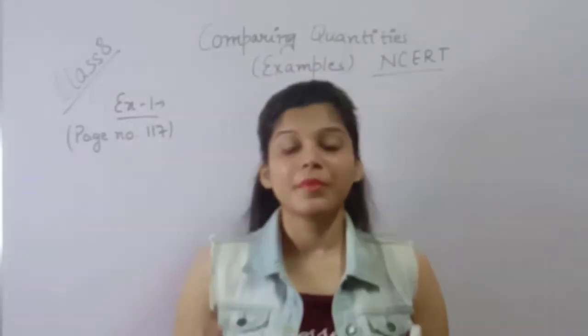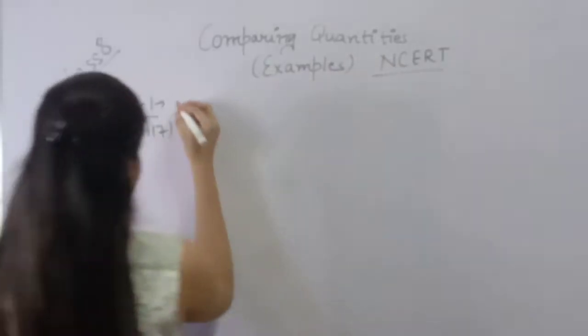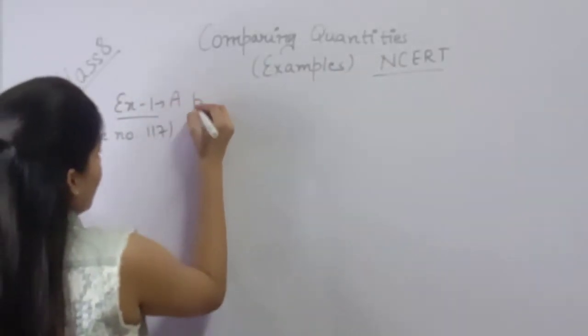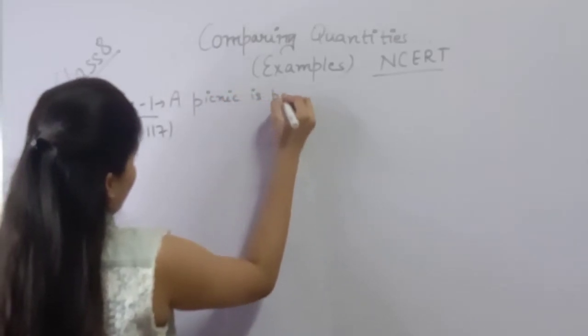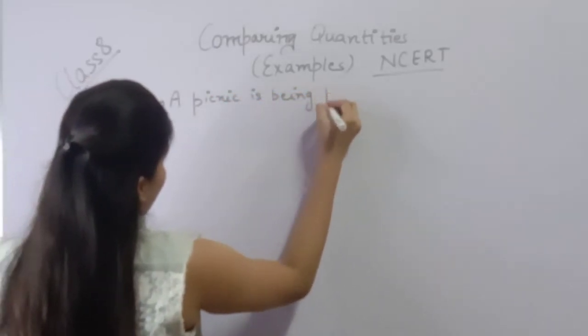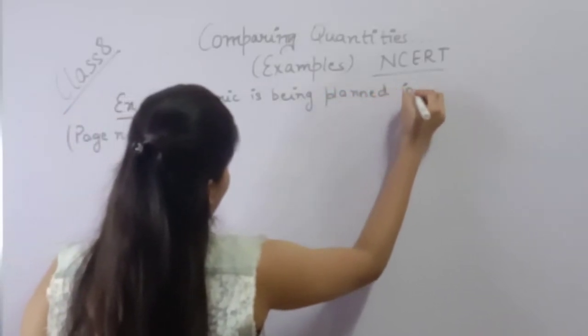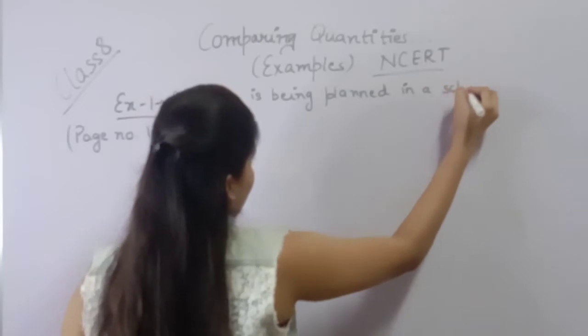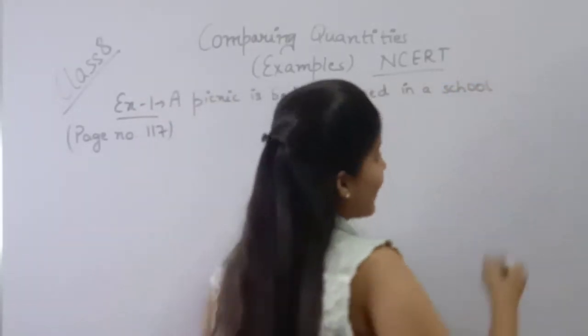So example number 1 says a picnic is being planned in a school for class 7.